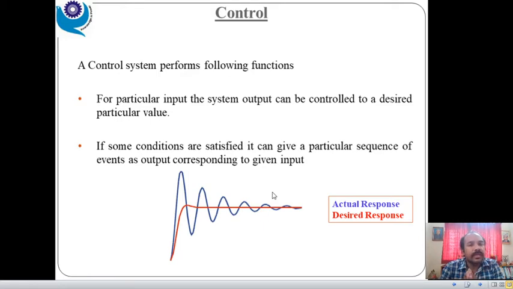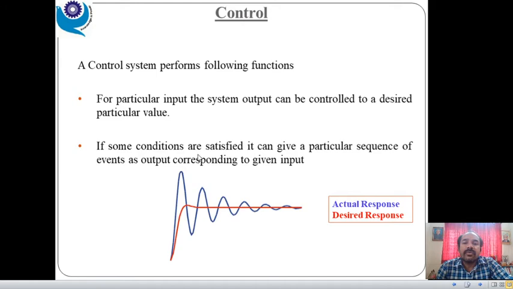Similarly, when we give a bounded input and we get a bounded output, the system is called stable. But if for a particular input the output is not absolutely stable and is continuously varying within a certain margin, that system is called a marginally stable system. So these are the different systems that we can predict by giving a certain input.